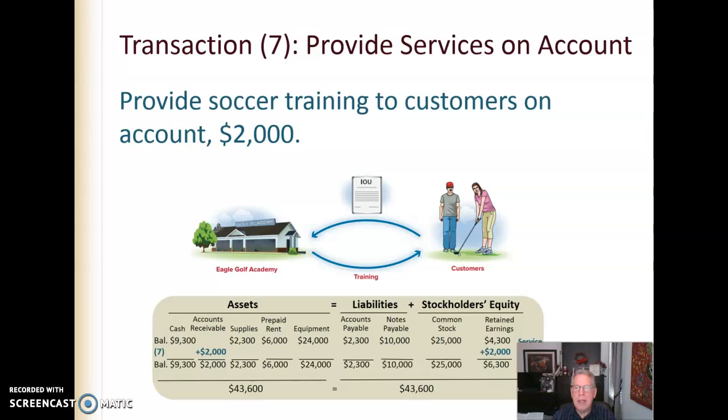So our accounts are going to see an increase in accounts receivable of $2,000, and our revenues are going to increase. We call that service revenue by $2,000. That does increase the accounting equation to $43,600.